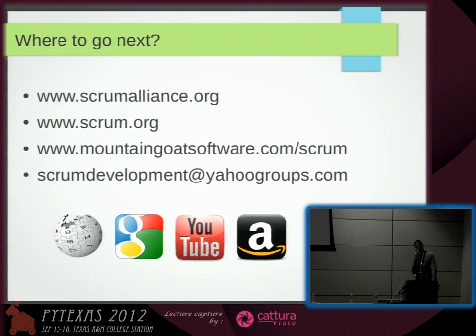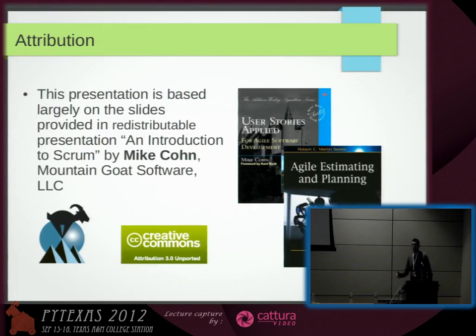YouTube is actually really good. There are a lot of presentations and videos on Scrum on YouTube, and I found it very useful. And Amazon is always useful to read comments on what people think about books. I have to say these slides are based largely on the distributable presentation on Scrum Alliance made by Mike Cohn.